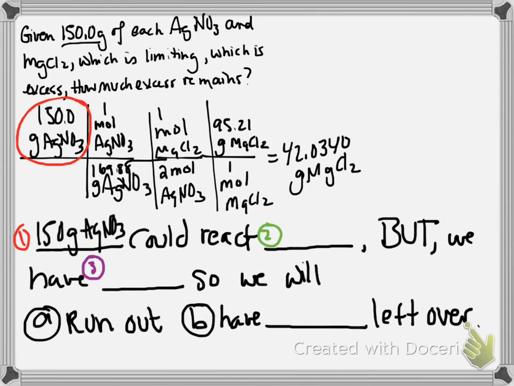The second space is the answer you got for your factor label. So in this case, it's going to be 42.0, etc. grams magnesium chloride. But we have, and for that third space, we have to go back to the given amount of this thing.